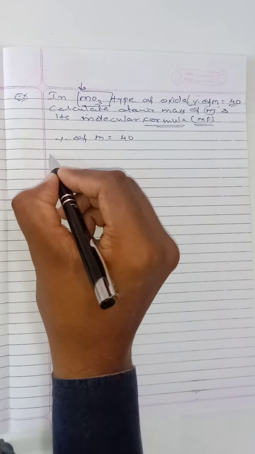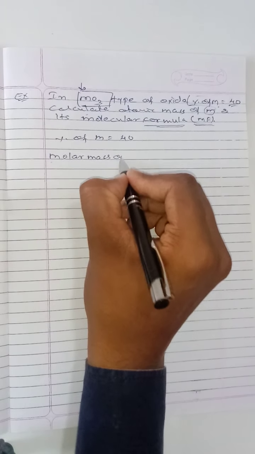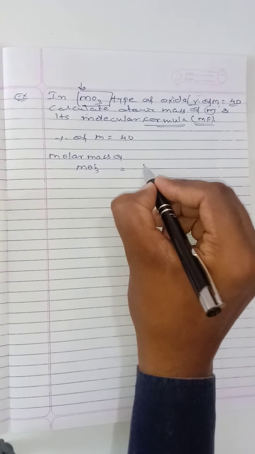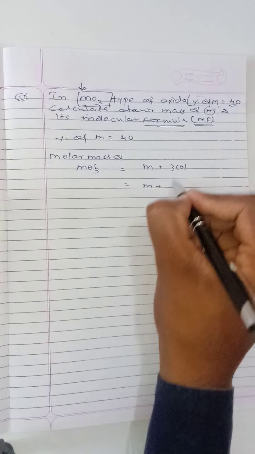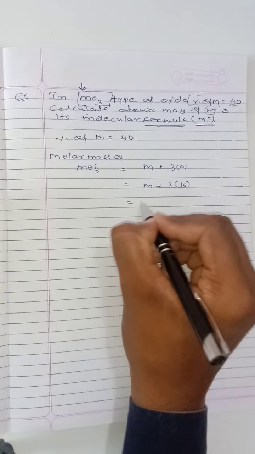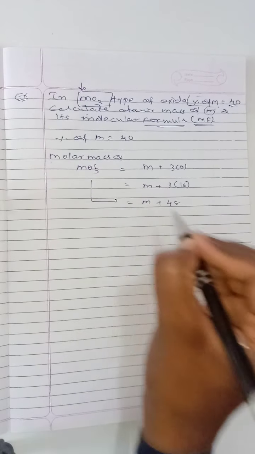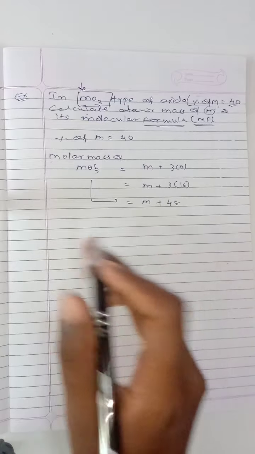We have to find the molar mass of MO3, which equals M plus 3 of oxygen, M plus 3 of 16, therefore M plus 48. Molar mass of MO3 is M plus 48.